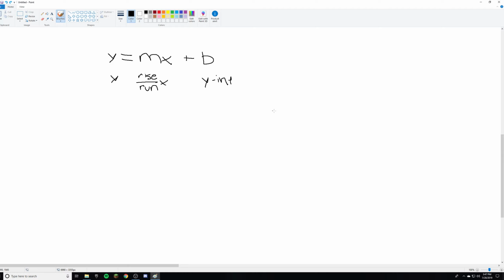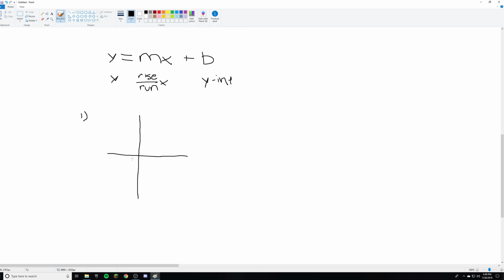Okay, so now that we know this, we are going to start off with a sample graph. I'm going to try to make these lines as straight as possible. In this one, we will be finding the equation.